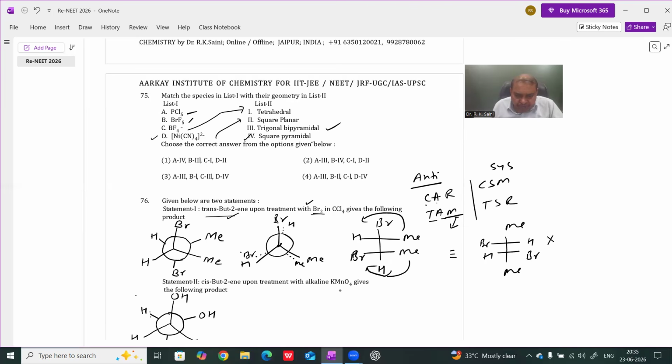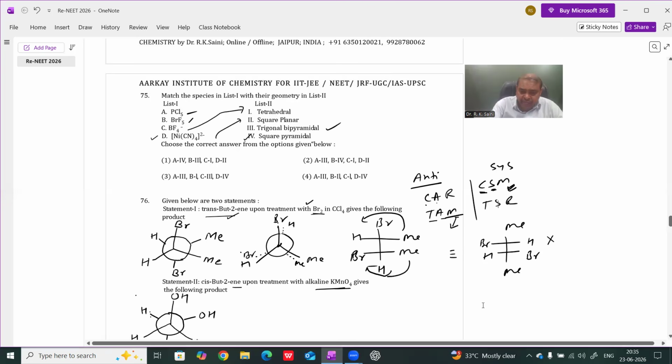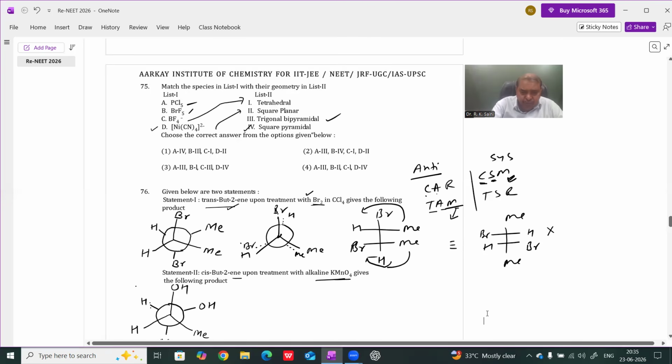Cis-2-butene on treatment with alkaline KMnO4, which is Baeyer's reagent. Alkaline KMnO4 gives syn addition, and cis alkene gives syn addition, and hence the product should be meso. Check. First, we make the eclipsed form of the Newman projection.